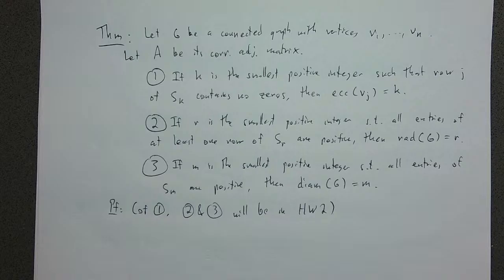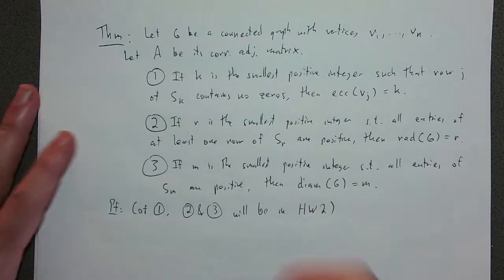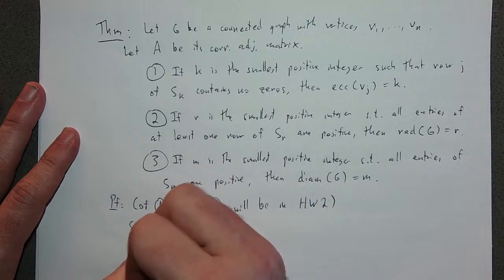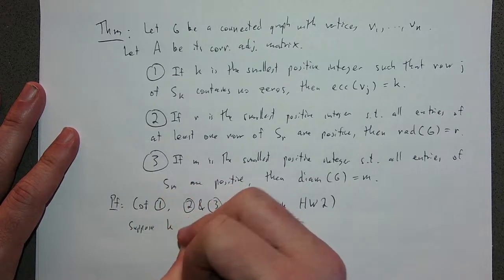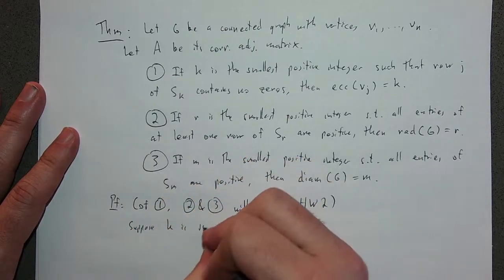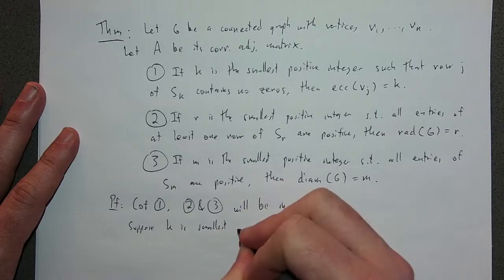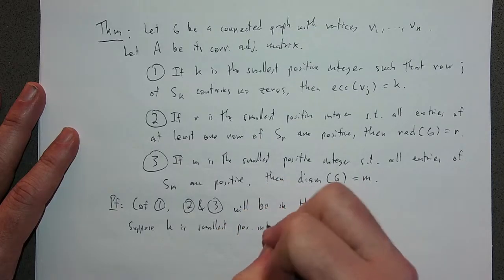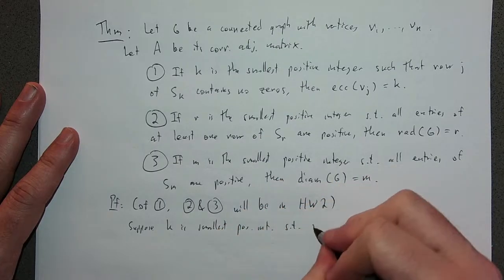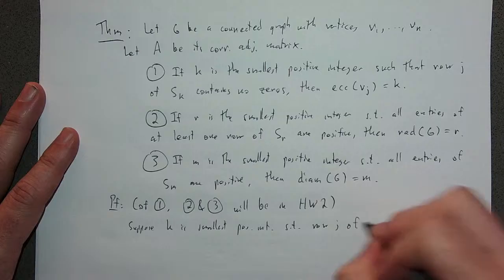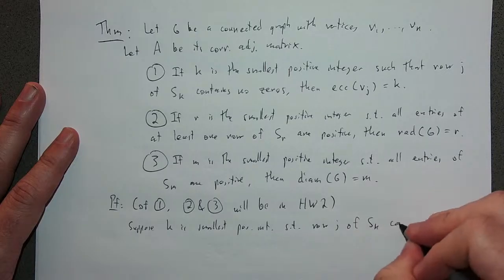Okay, so suppose that k is the smallest positive integer such that row j of S sub k contains no zeros.